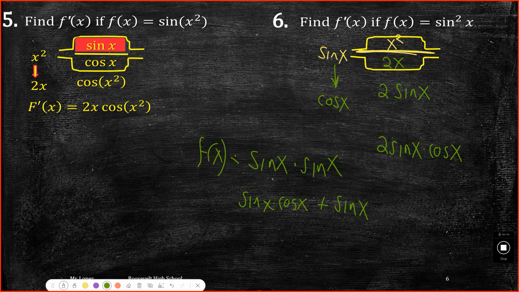Yes, it does work. How many sin x cosine x terms do we have? We have 2 of them. You could do it, but that's not the lesson for today. The lesson is this, but you could do the product rule for it. Anyways.